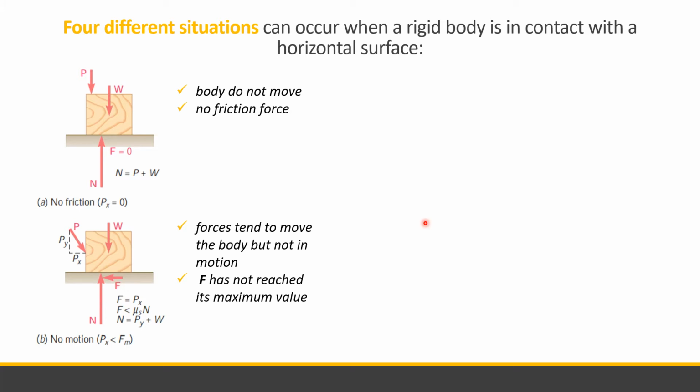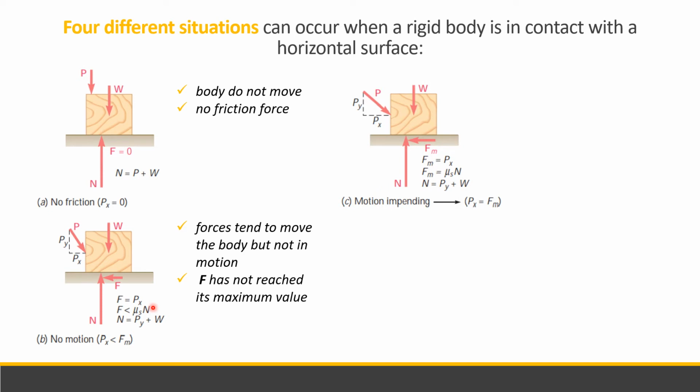So the equation Fm equals mu s N cannot be used to determine the friction force. Since it is not yet maximum, the horizontal component of P, which is Px, is still less than Fm.